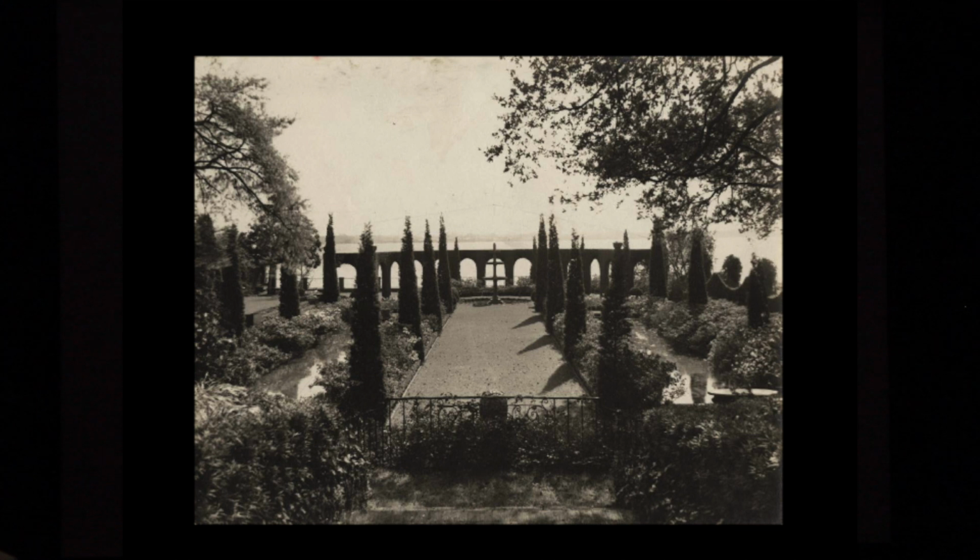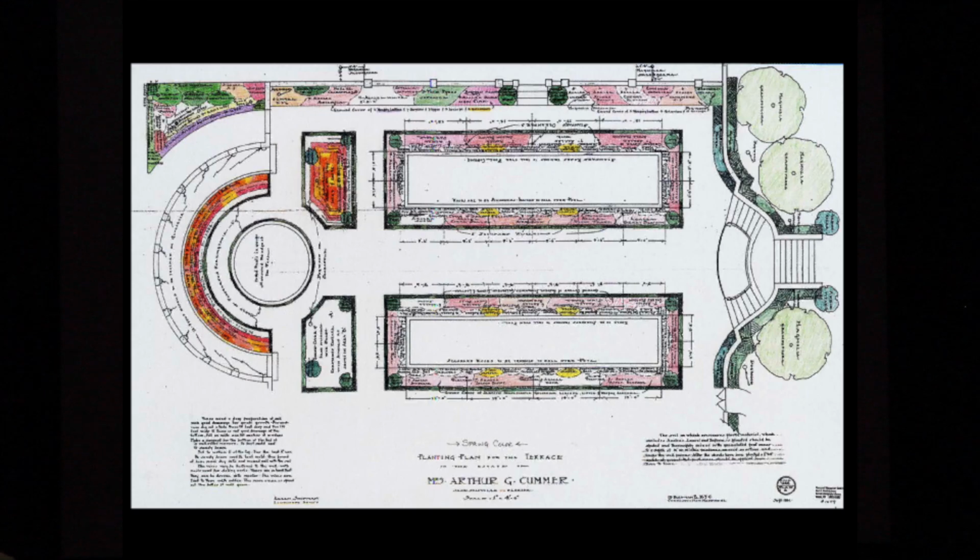This is one of the very few archival photographs that actually show it as it was planted and installed. The plantings vary quite a bit from what Ellen Shipman recommended, because the client herself was a garden club woman and a keen horticulturist, and she wanted to do things her way.